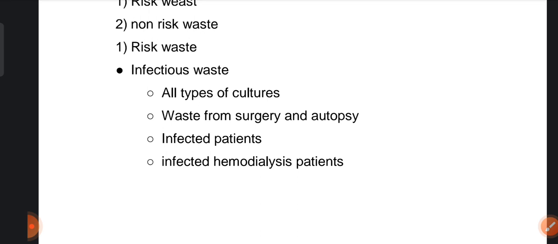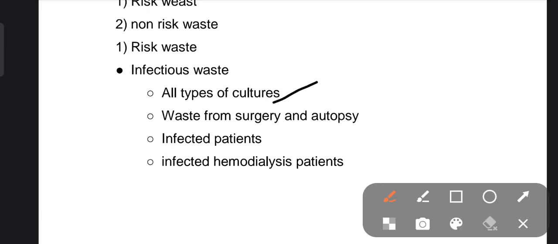In the infectious waste, there are all types of cultures. Cultures are nothing but laboratory cultures. A culture is the environment which we create for growing the pathogens that are collected from the patient, like urine, sputum, blood.